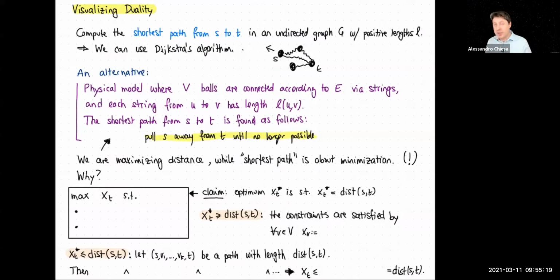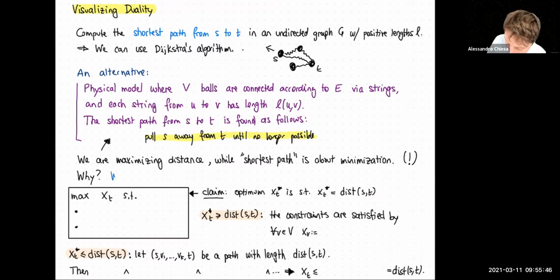What's interesting is that this pulling away is maximizing distance when we're trying to solve a shortest path problem, which is about minimization. This smells like dual, right? So what this physical model is doing is solving the dual program. We can actually write down the dual program for this problem and argue that it is solving the shortest path problem. Let me say it precisely.